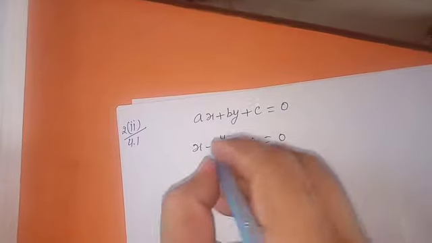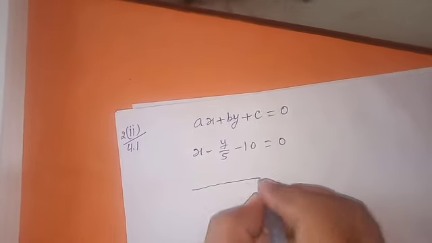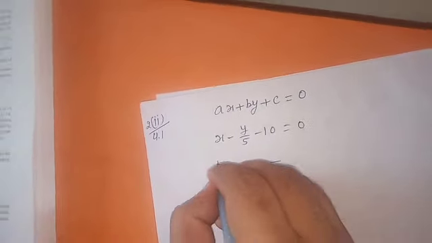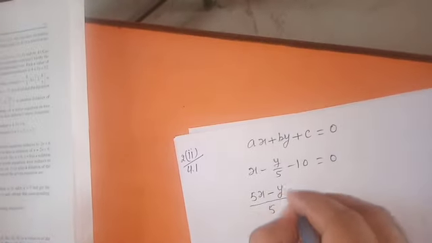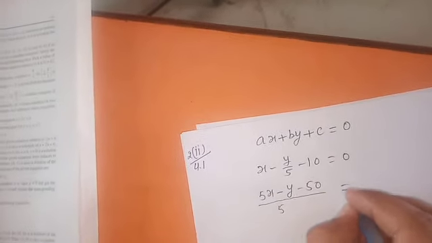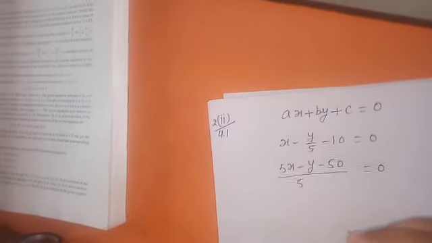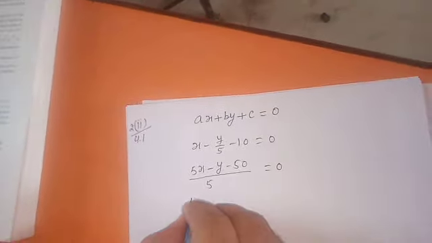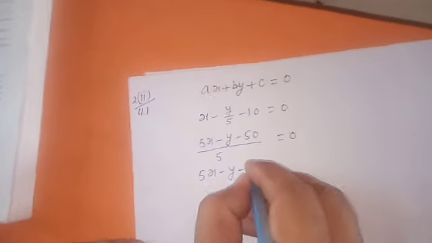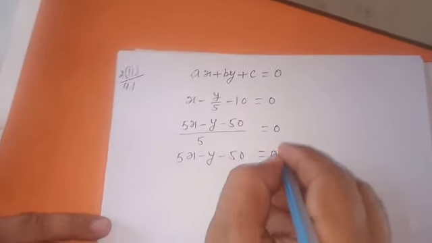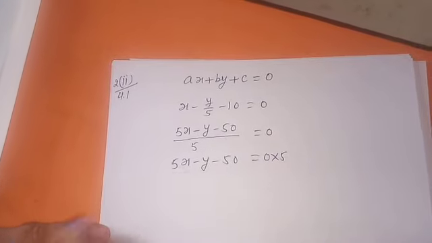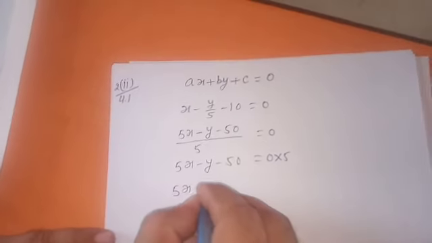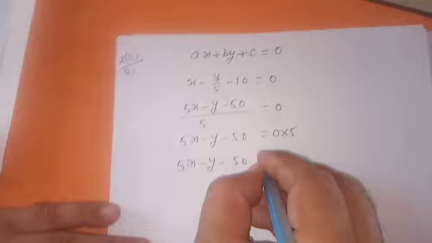So first convert this. What's your LCM? 5 is your LCM. Multiplying with 5, it becomes 5x minus y minus 50 equal to 0.